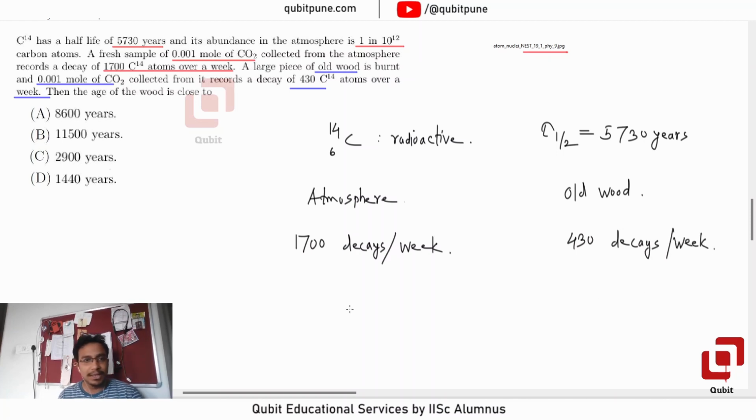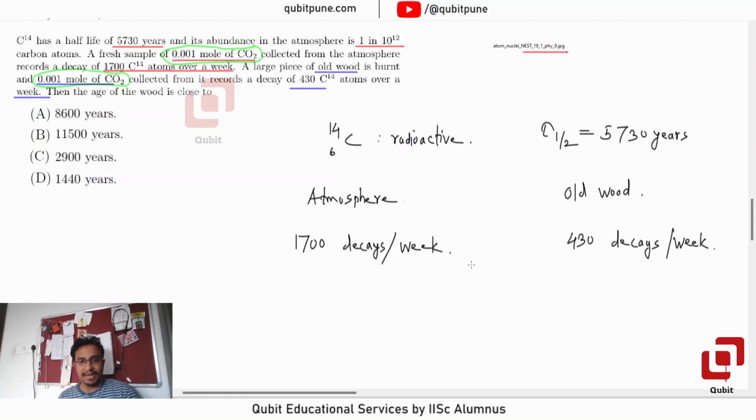Now one good thing about this particular problem is that they are collecting CO2 with the amount 0.001 mole. So that's fine, we can directly deal with the numbers now, and these are the activities, 1700 and 430 decays. What are these?